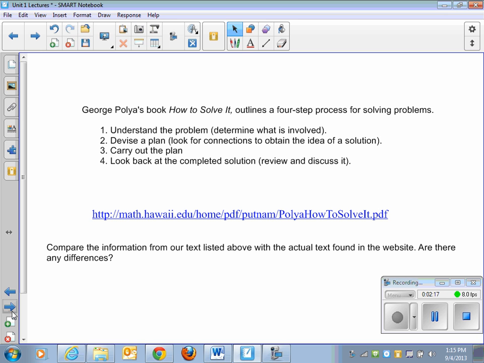Now, in our textbook on page 4, we have George Polya's quotes out of his book, How to Solve It. This book is about problem solving. So I've set this link down here to his book. And on page 8 is basically the same information that we have here for these 4 steps.